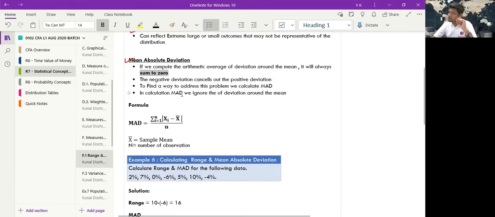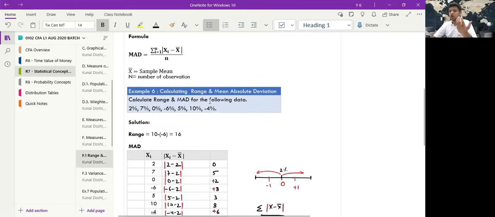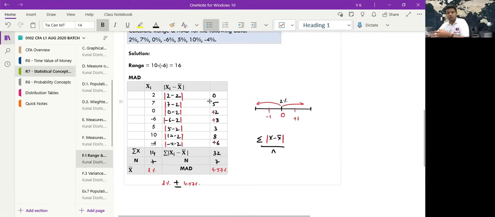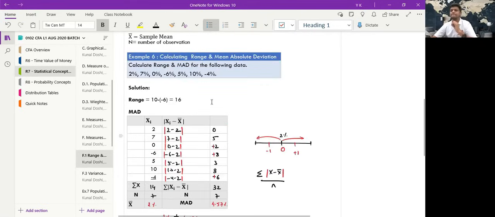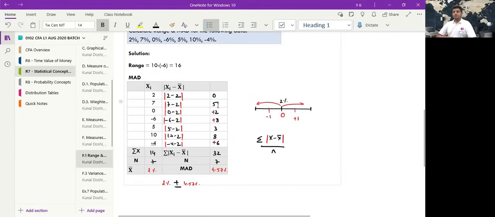What do we do in mean absolute deviation, guys? In the calculation of MAD, which is mean absolute deviation, we ignore the signs of the deviations around the mean and we take the absolute values. And that value will be our mean absolute deviation. Clear? Right?